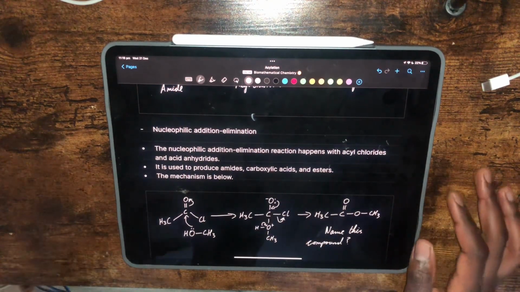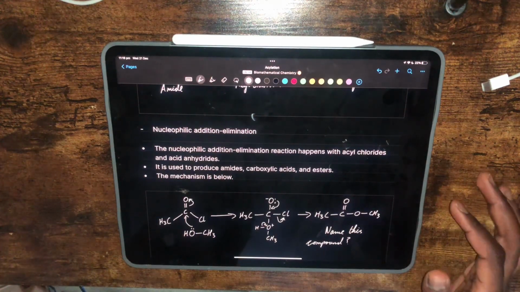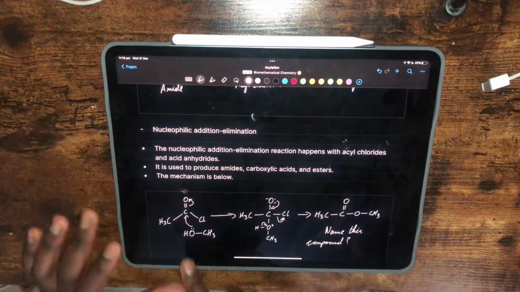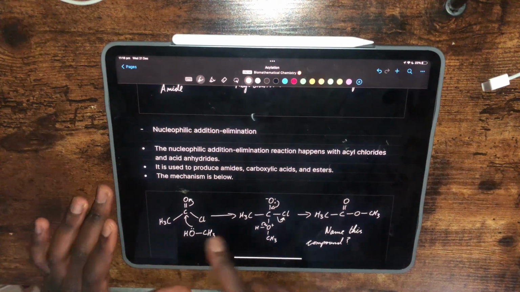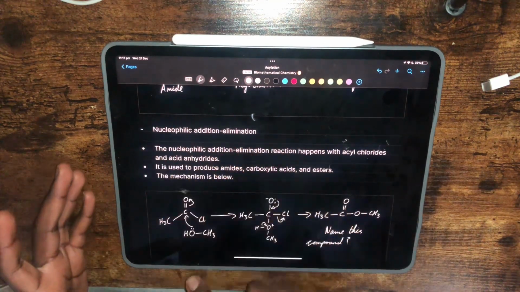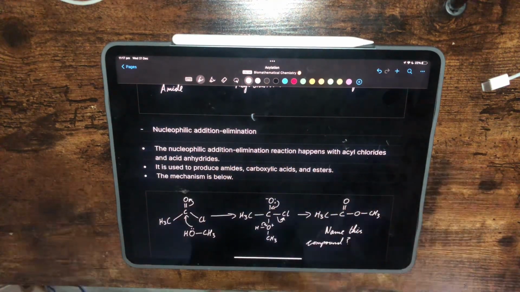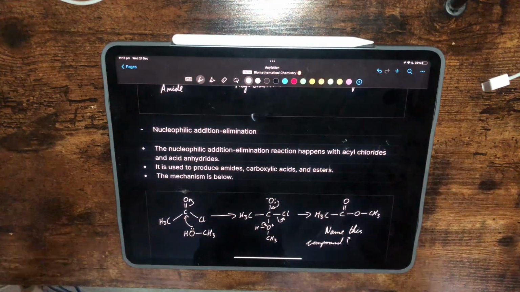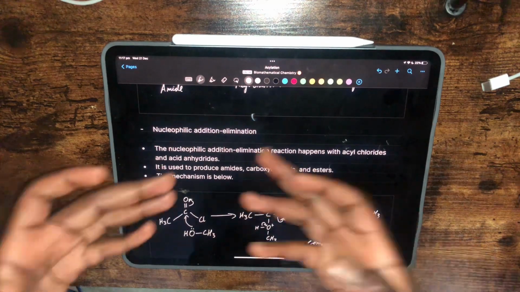Obviously, HCl is a very strong acid, so it will just dissociate back into H plus and Cl minus. So technically it's HCl, but really it dissociates, so you just call it H plus and Cl minus. But the idea is that you're adding a nucleophile here, and you're losing a group from the original compound. Nucleophile added and elimination, and that's it. You have to know where the arrows go, but the essence of it is self-explanatory.